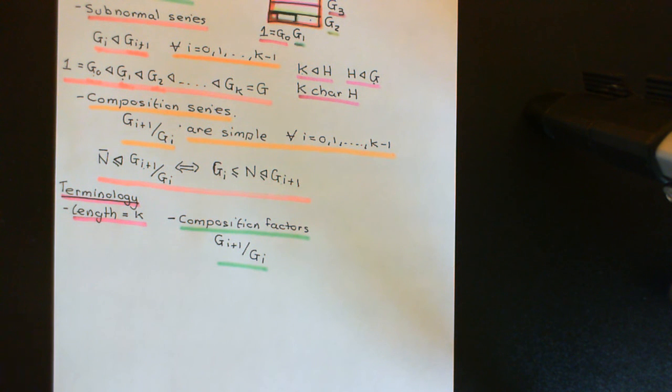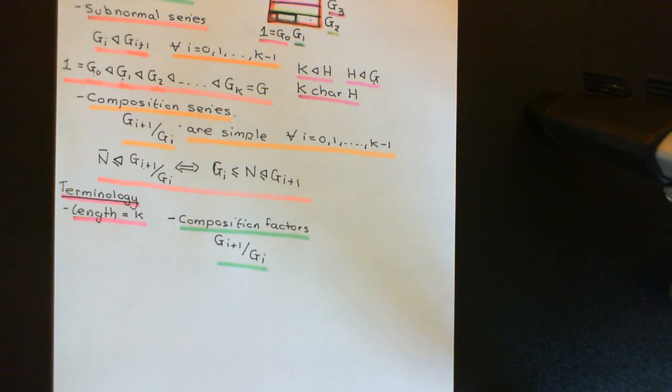So if you can find a composition series for your group, then you can split it down into these composition factors, and all of the composition factors are going to be simple groups. And this is why we can think of finite groups as being built out of finite simple groups, because as we will see, all finite groups do in fact have a composition series always.